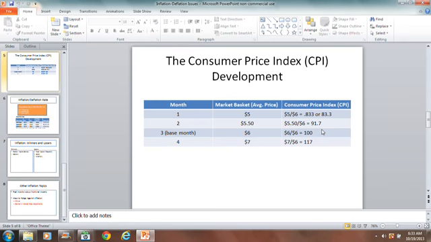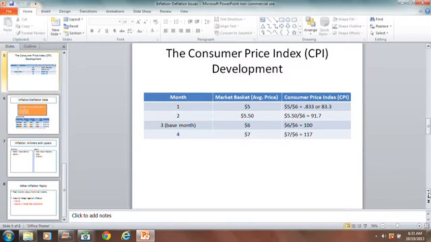Or another way of thinking of it: if something cost $100 in month 3, you could have gotten it for $91.70 in month 2. So the CPIs are telling us how prices are changing with respect to the base month.